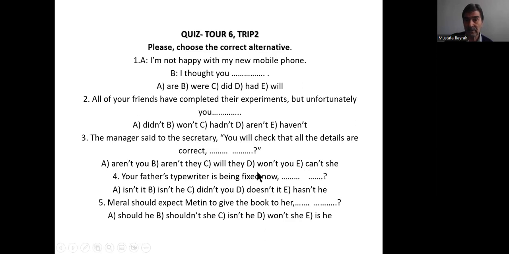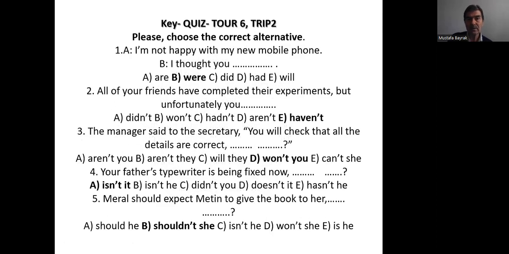Won't you? D, yes. Your father's typewriter is being fixed now. Isn't it? A. Meral should expect Metin to give the book to her. Shouldn't she? B. B is true.